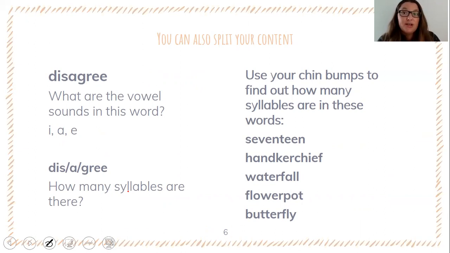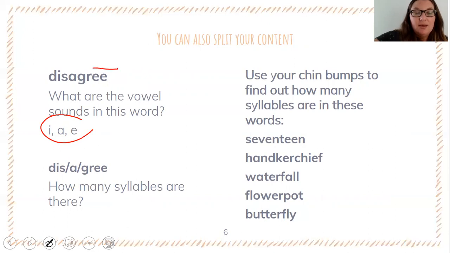So once you have figured that out, okay, we have words that have more syllables than just two. I know, shocking. But look at the word disagree, okay? Now there are vowel sounds in the word disagree, okay? We have the I, A, and E sound. And remember, it's not the only E sound.